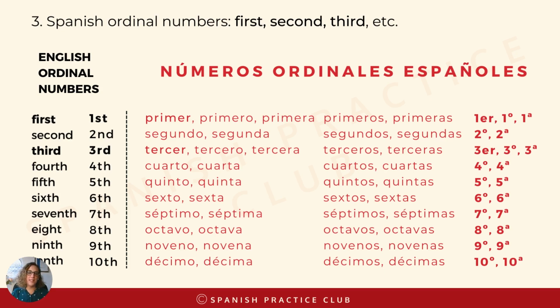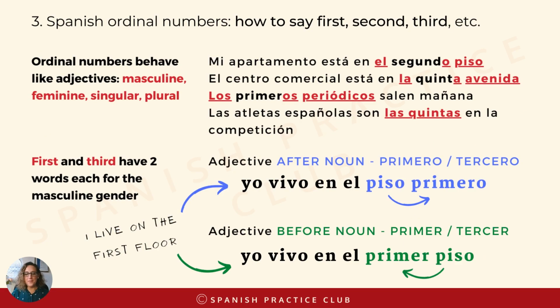So if they say that they live on the 12th floor, they would say, yo vivo en el piso 12. So that is more the colloquial way that people use the numbers in Spanish. So you would only need to learn from 1st to 10th.